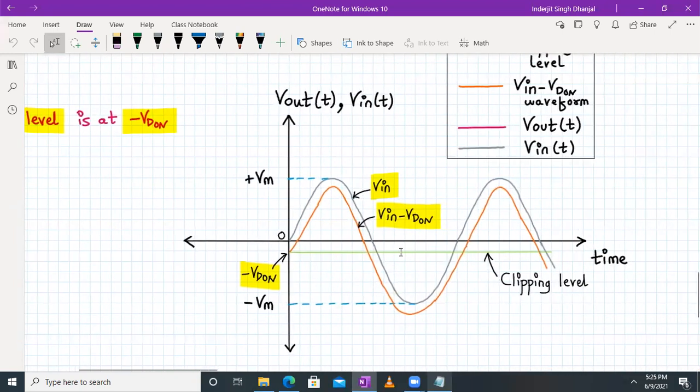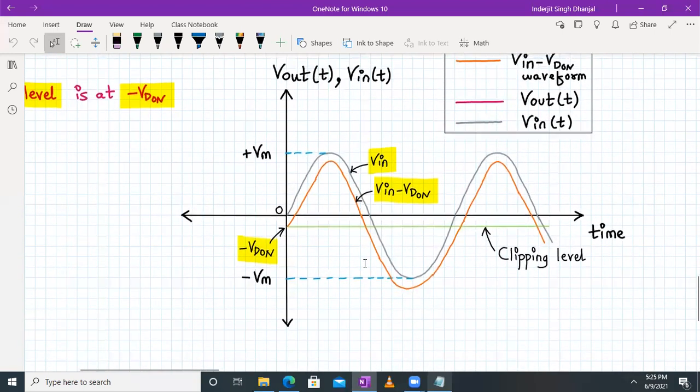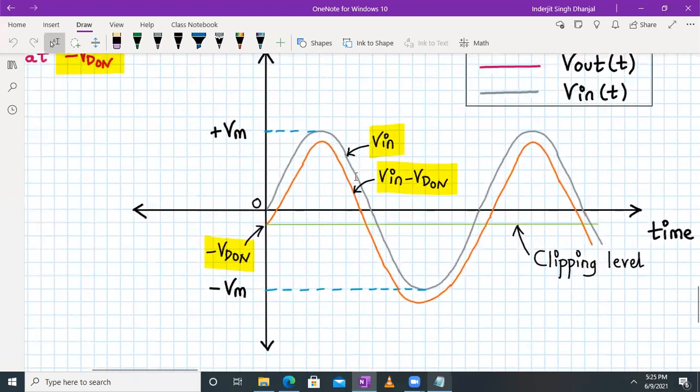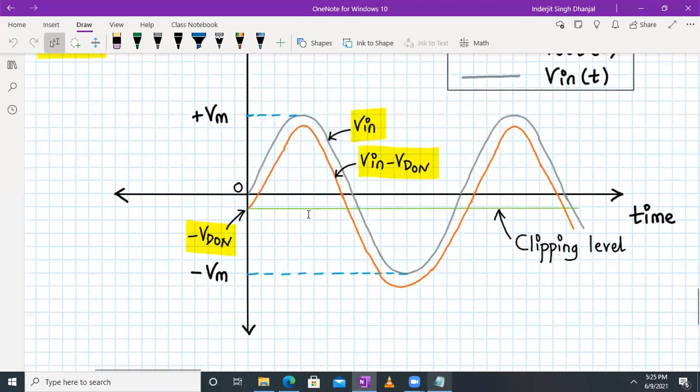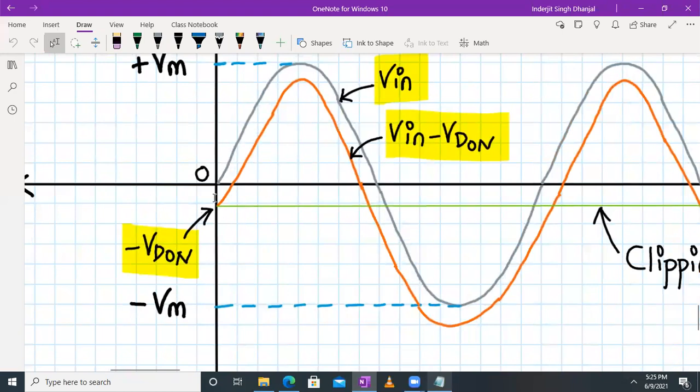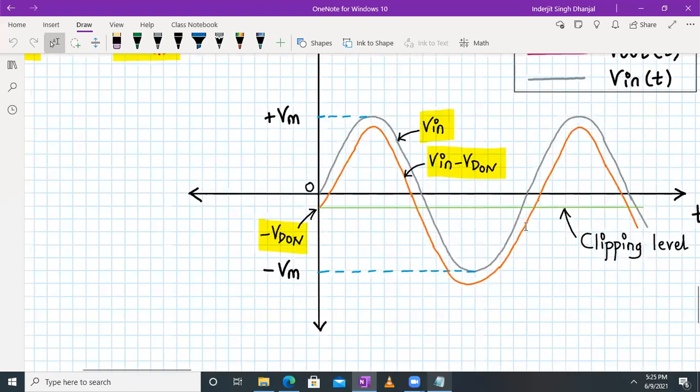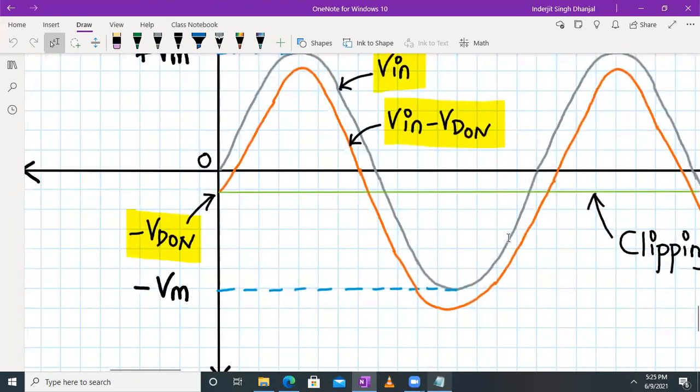Now, please understand how this is represented. Here we are plotting the input waveform. The input waveform is V in, the gray color one. What you do next is draw the clipping level. Where will the clipping level be? At minus VD on. So you go below 0, mark a point at minus VD on and draw a line. This green color line you see over here is my clipping level.